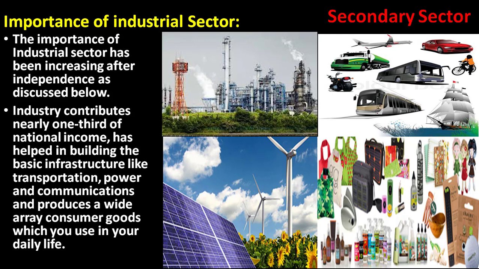Industry contributes nearly 1/3 of national income, has helped in building basic infrastructure like transportation, power and communications, and produces a wide array of consumer goods which we use in our daily life. So this is the importance of the industrial sector.